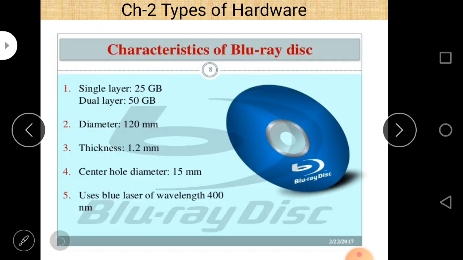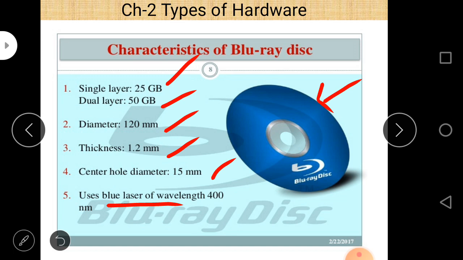Characteristics of Blu-ray disc: you can see single layer 25 GB, dual layer 50 GB, diameter is 120 millimeter, thickness 1.2 millimeter. The center hole diameter is 15 millimeter. They use a blue laser of wavelength 400 nanometer, nm refers to nanometer here.